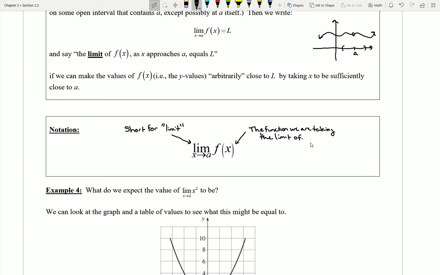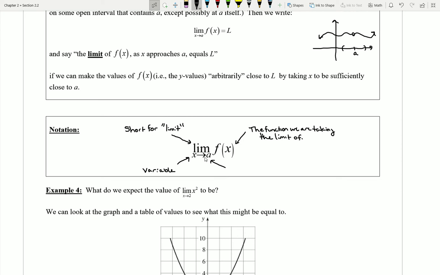Now I have these other symbols down here, which are the x and the arrow and the a. X right here is just standing for the variable that's occurring inside my function. So if this was f of t, and I had t's inside my formula, then this would be a t. This variable here should match that variable there. But this value of a is very important.